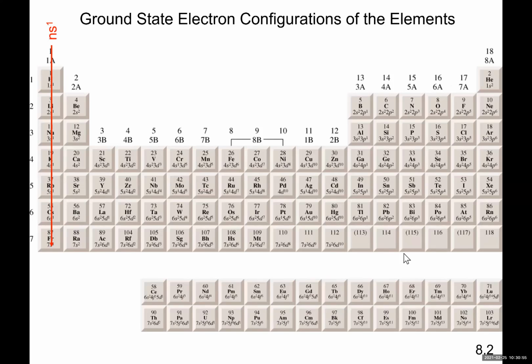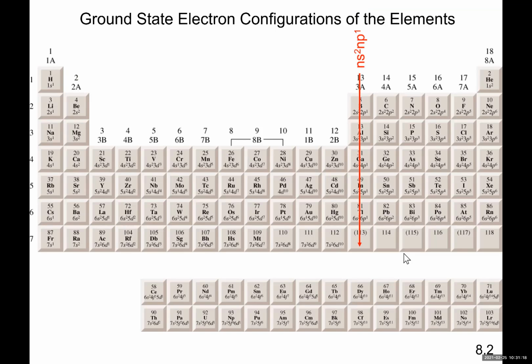that all the elements in group 1A have one electron in their valence shell, and this one electron is inside the s orbital. We also said all main group elements in group 2A have 2 electrons in the valence shell.